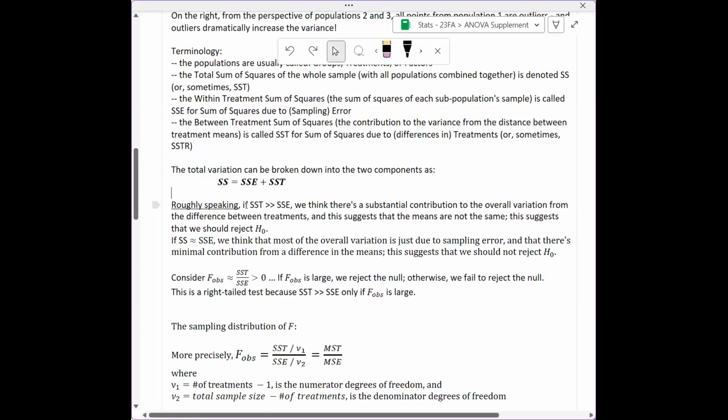Roughly speaking, if the sum of the squares from the treatment differences, the between group sum of squares, is much larger than the sum of the squares within the groups just due to sampling error, we think that suggests there's a substantial contribution to the overall variation from the difference between the means, suggesting the means are not the same and we should reject H0.